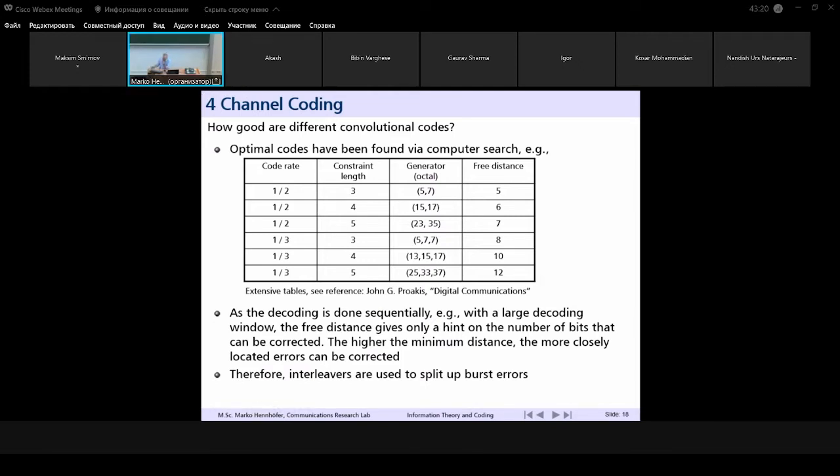So here was the statement or the question. The student here noticed that our 4,5,7 code from our example is a rate 1/3 code, and it reaches only the free distance of 6.